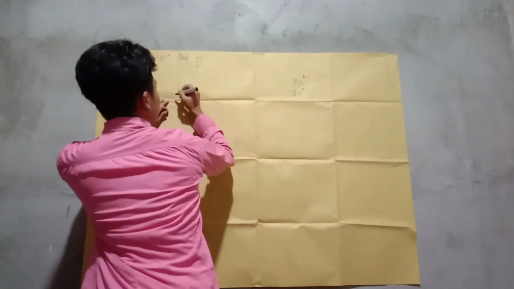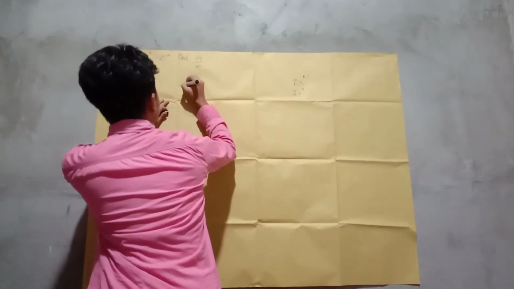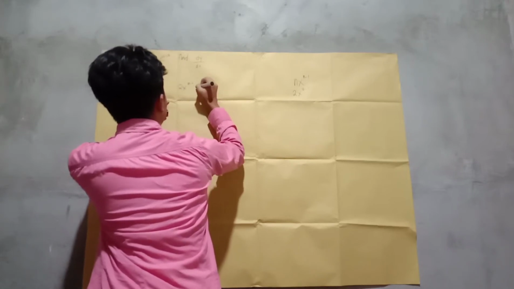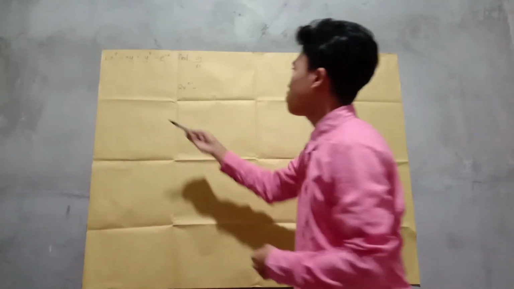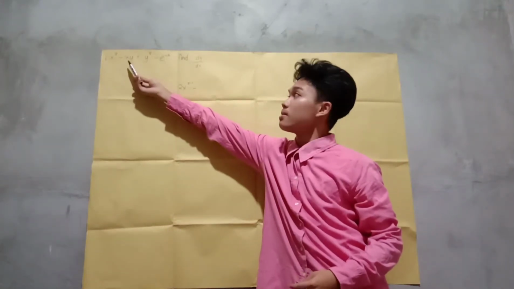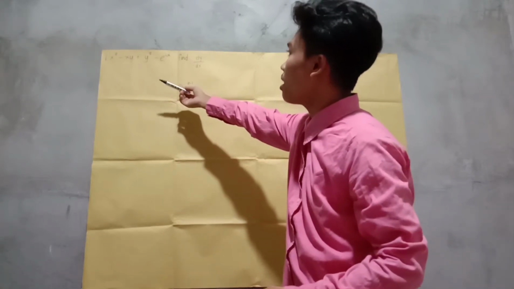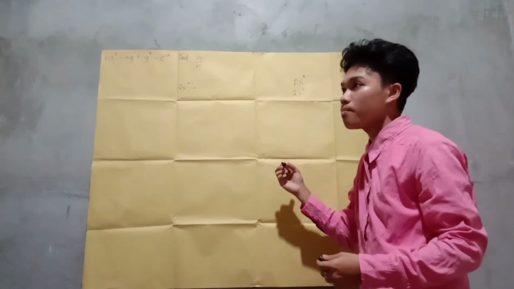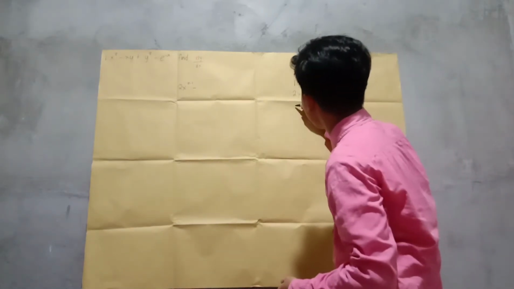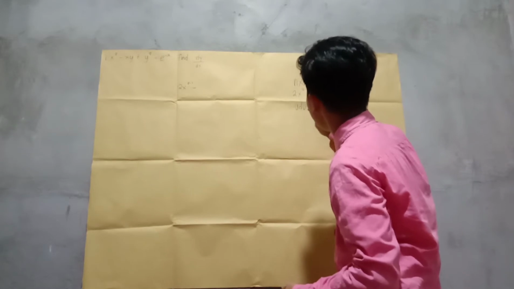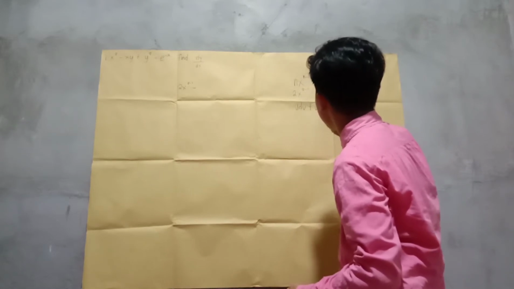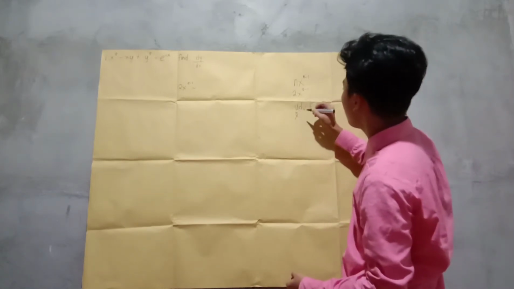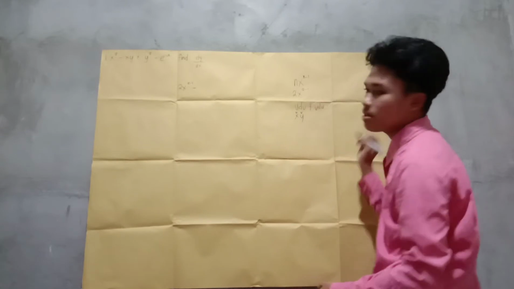For the second variable, I apply the product rule of differentiation, with the formula u dv plus v du. In that case, x is u and y is v.